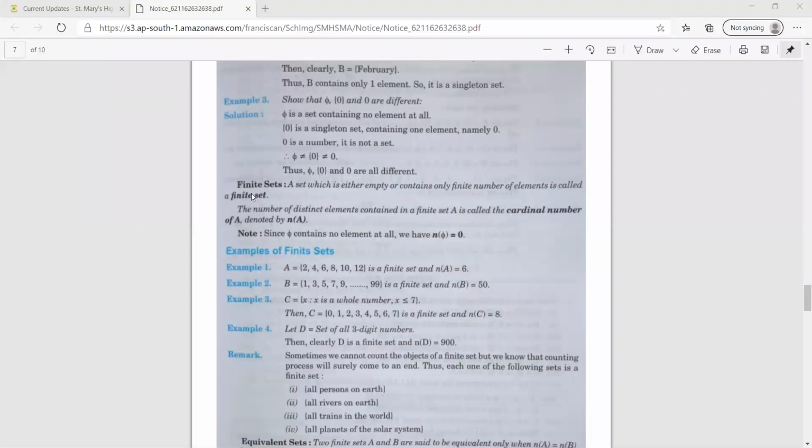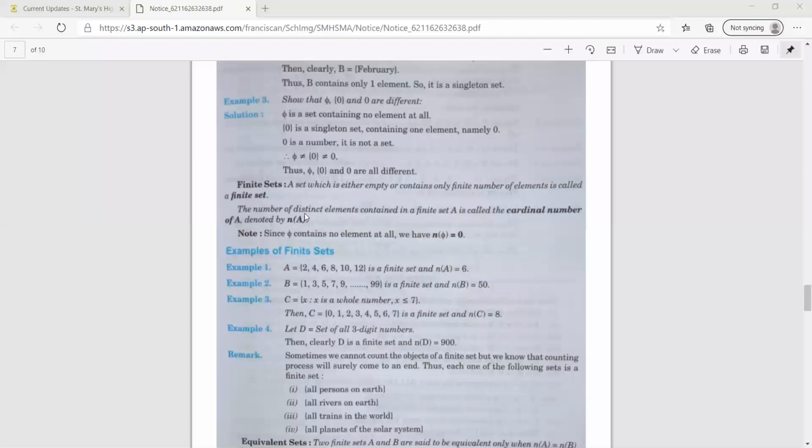Then finite sets. A set which is either empty or contains only a finite number of elements is called a finite set. Means a definite number of elements. The number of distinct elements contained in a finite set A is called the cardinal number of A, denoted by n(A). Distinct means different.